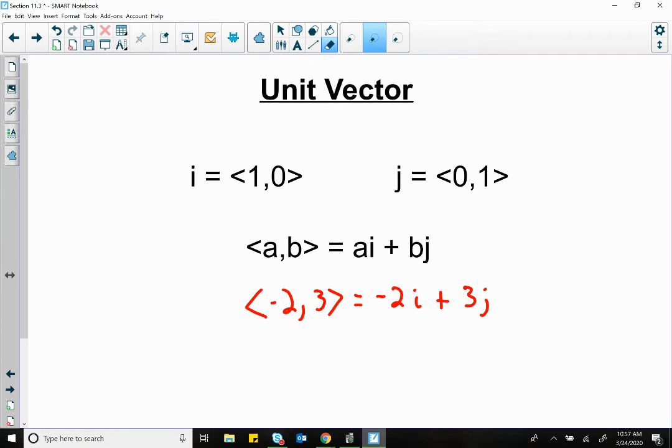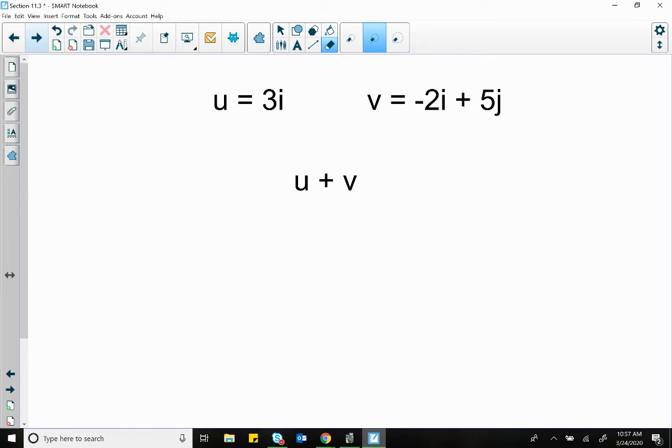All right. So what they're going to do now is exactly what they just did a couple minutes ago. They're going to give you a vector here in unit vector form, and they want you to do some adding or subtracting. Now, here's what you can do. They are giving it to you in unit vector form, and in your notes, I gave the properties work the same way.